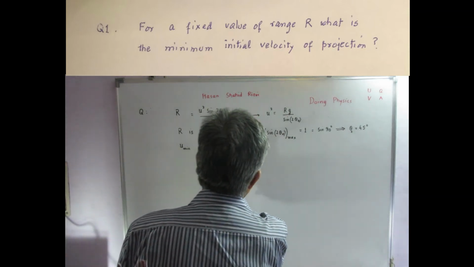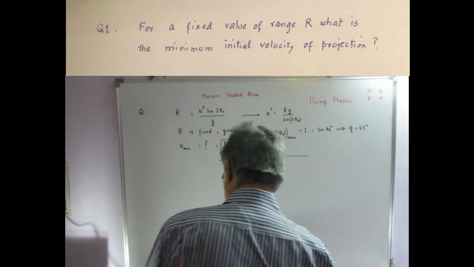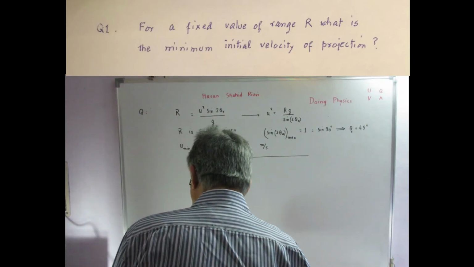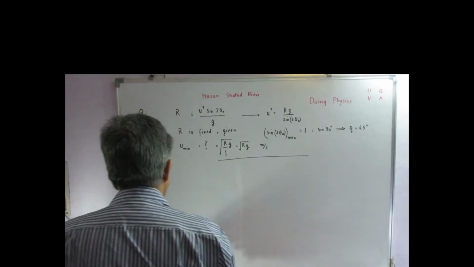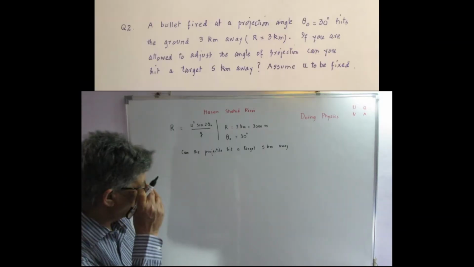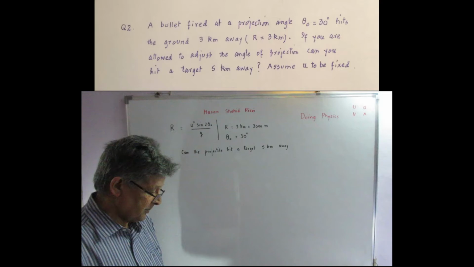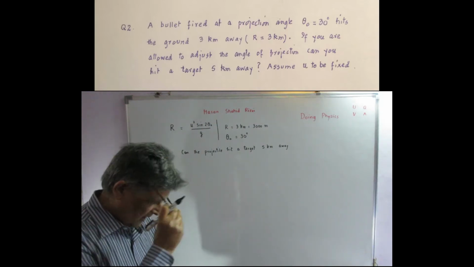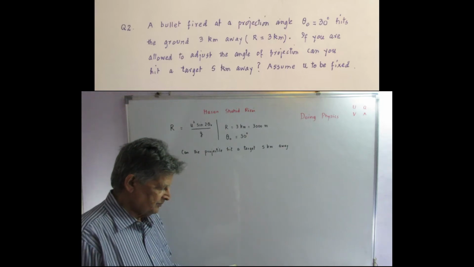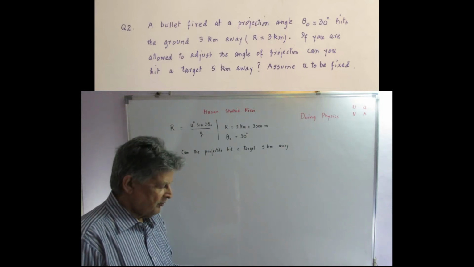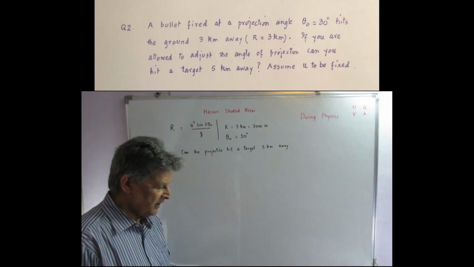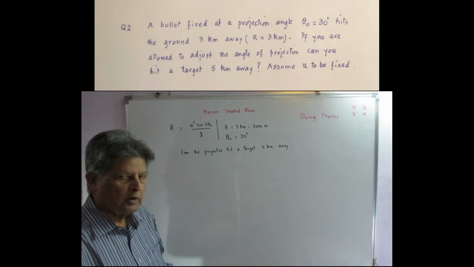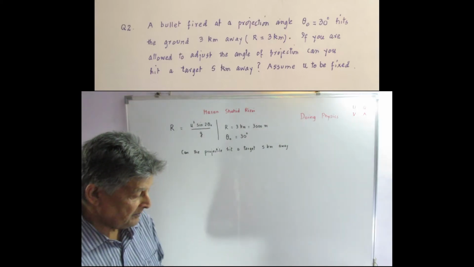In the second case, I take up another question, again depending upon this range. The next question, which will appear on your screen, reads like this: a bullet fired at an angle of 30 degrees with the horizontal hits the ground 3 kilometers away.